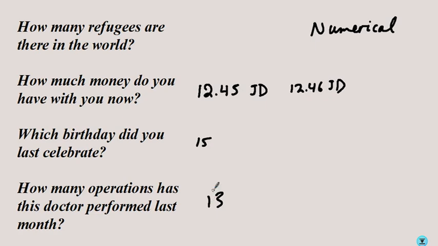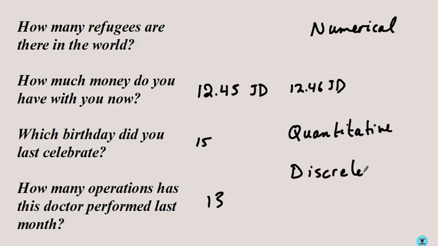So this kind of variable is called a quantitative variable, because the answer is a number, and it is called discrete in the sense that the value jumps from one value to the next.